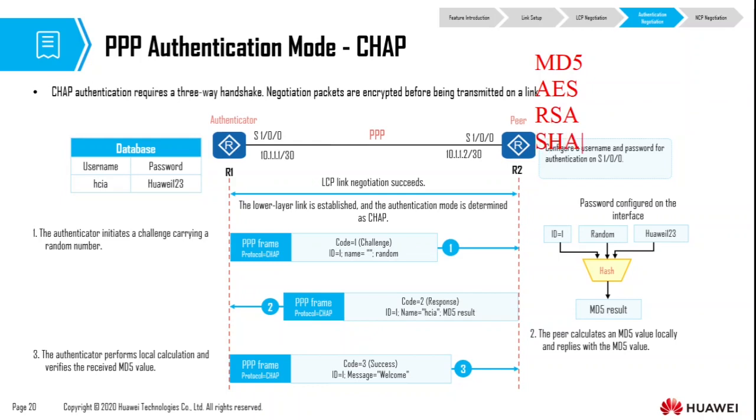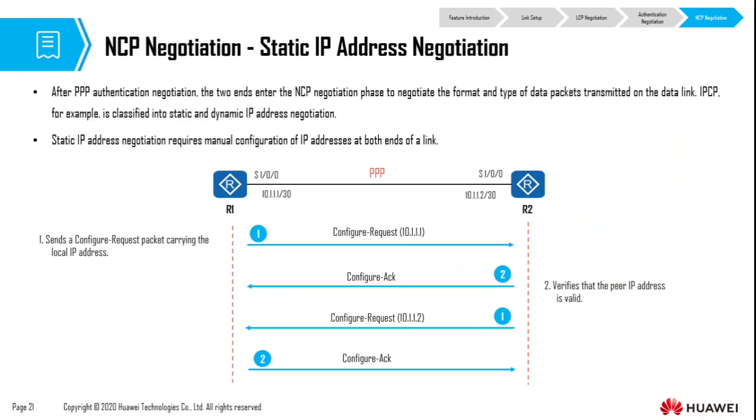We have SHA-2, and we also have HMAC SHA-2. These ones are more secure because their key length is longer, and therefore it's more difficult to crack these encryption algorithms compared to MD5, for example. So you can learn more about those encryption algorithms when you get time.